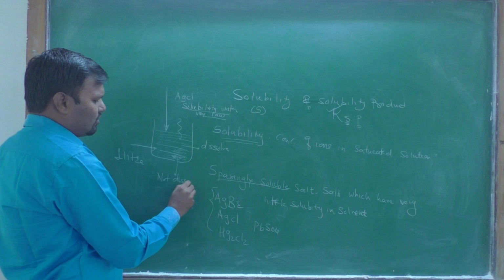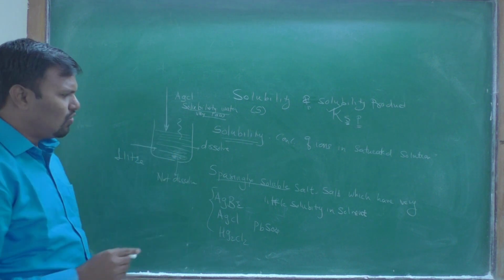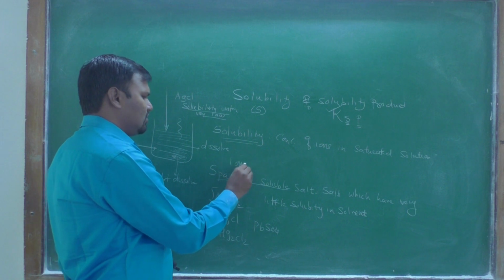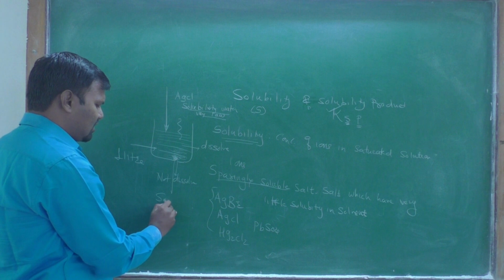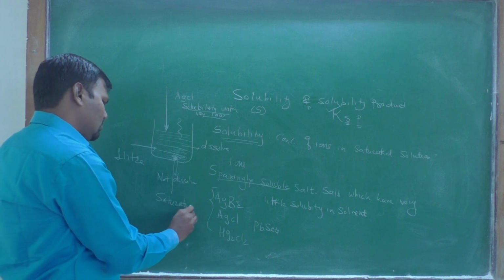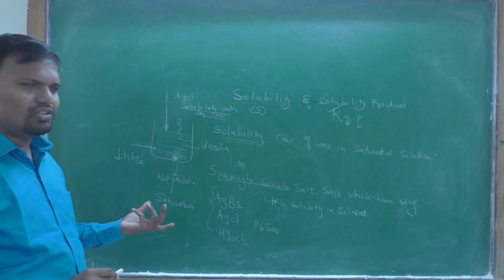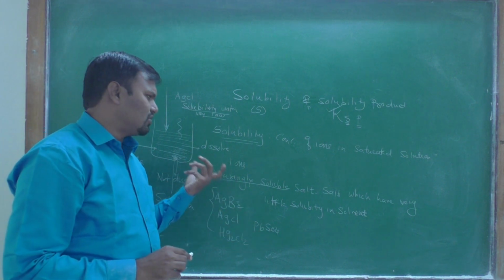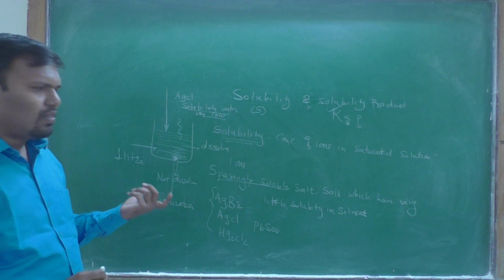Further addition of AgCl will not dissolve and will not produce ions. That point is nothing but the saturation point. Beyond this point, no further addition of AgCl gives the Ag plus ion and the Cl minus ion. That is the saturation point.